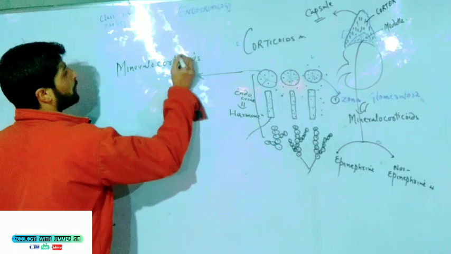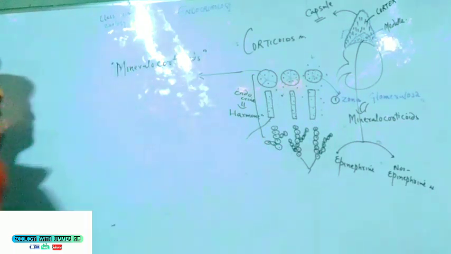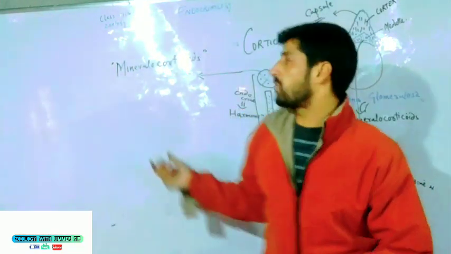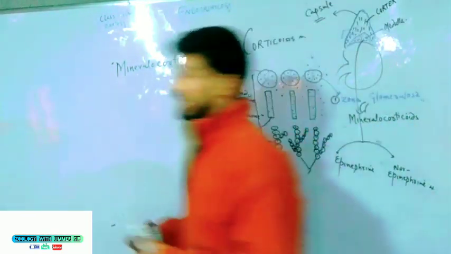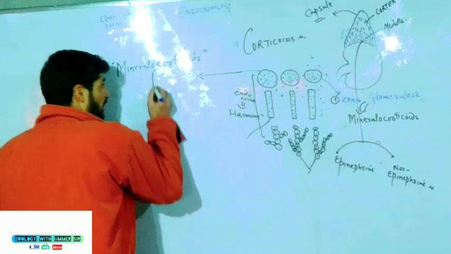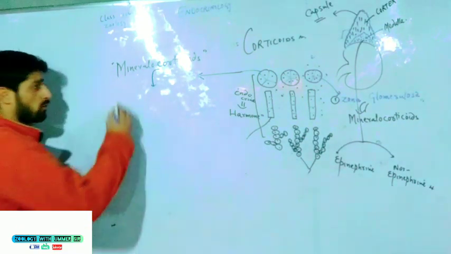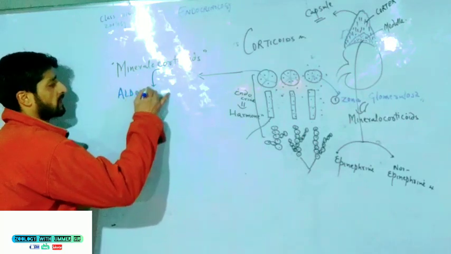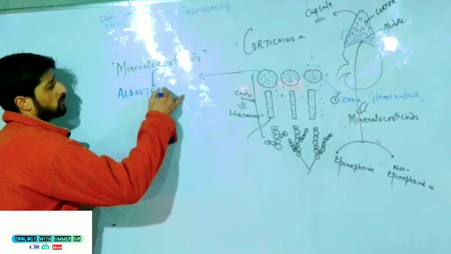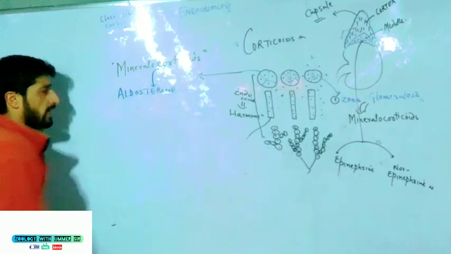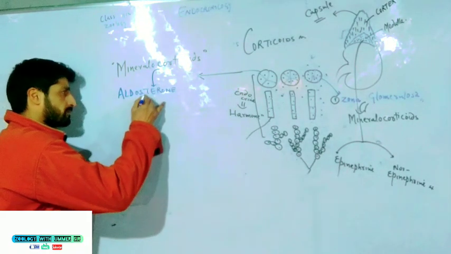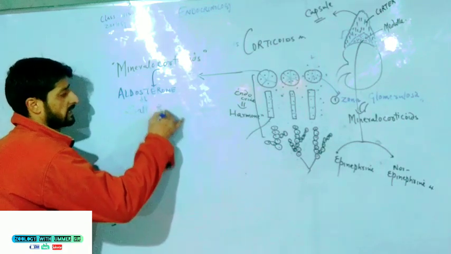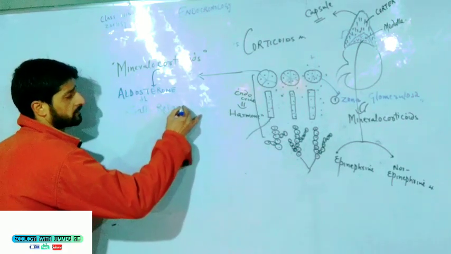The most important and most essential mineralocorticoid present in your blood is aldosterone. Aldosterone is also known as the salt retaining hormone.